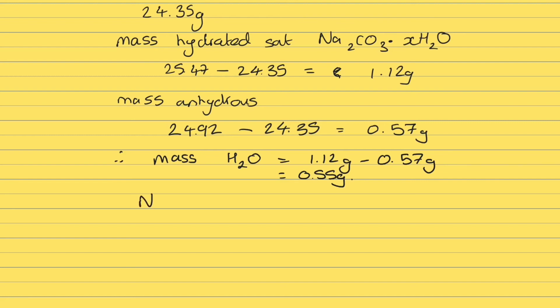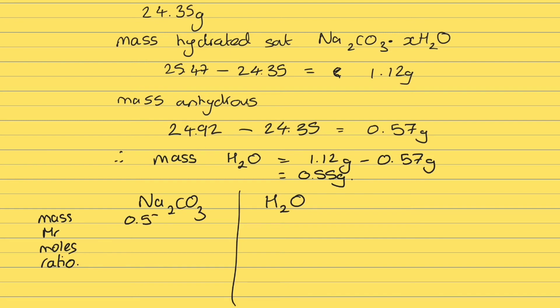Okay, so remember we did this before in a table. So we took the Na2CO3 and we've got the water, and then we did mass, Mr, moles, and then the ratio. So the mass of Na2CO3 we worked out is 0.57 grams.